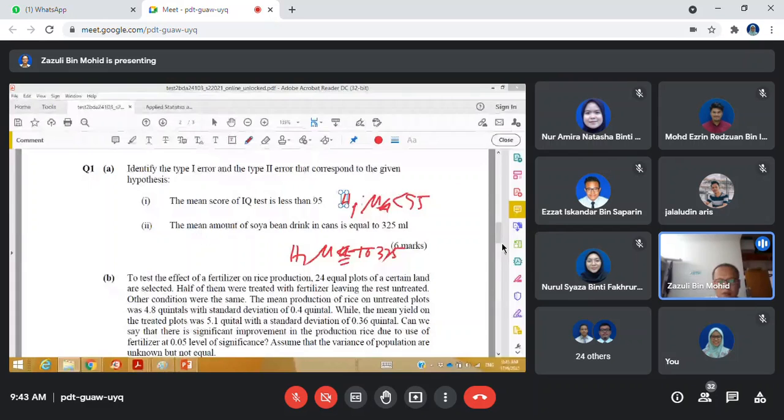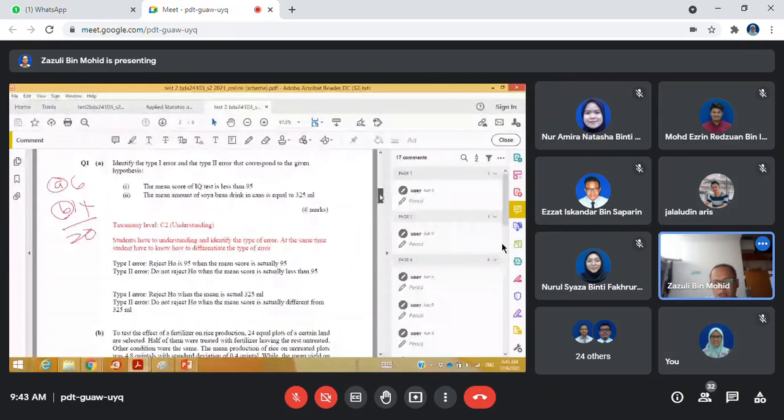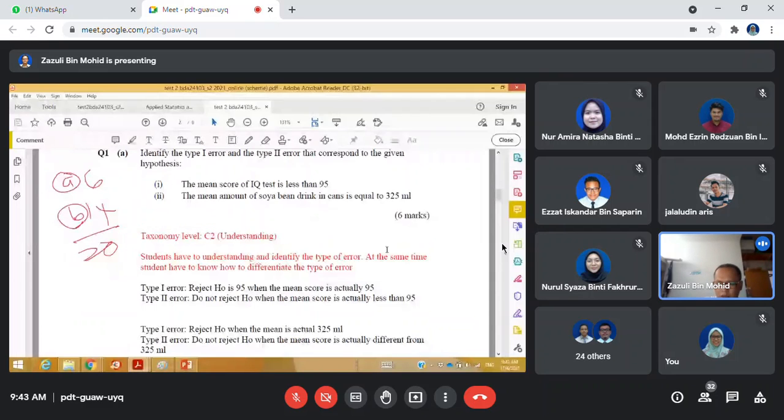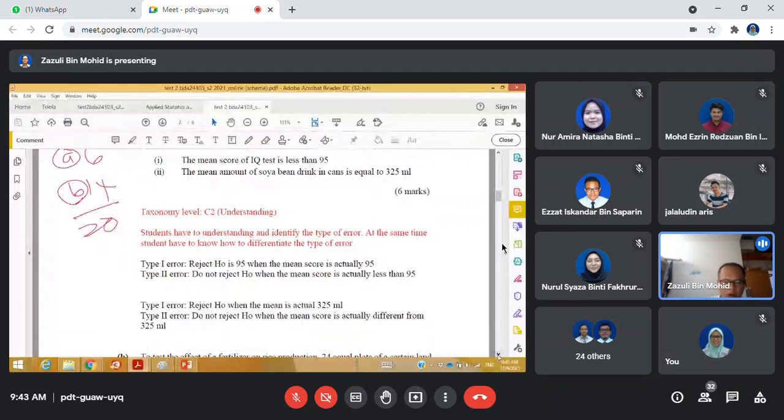So this is the answer for the question. I cannot give you this file. If you want to see, you have the file. You just write it down. What is the answer for this question? Reject H0 when the mean score is actually 95. Type 2 error is do not reject H0 when the mean score is actually less than 95.